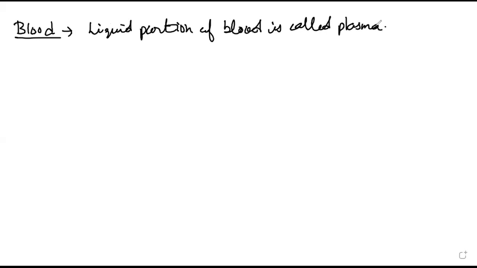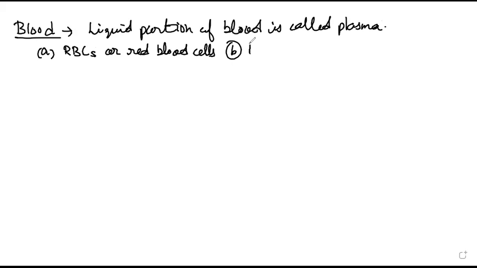Right? The liquid portion. And it is a pale yellow liquid that is made up of water, dissolved proteins, and other substances. There are three kinds of cells found floating in plasma. First is RBCs, or red blood cells, right?